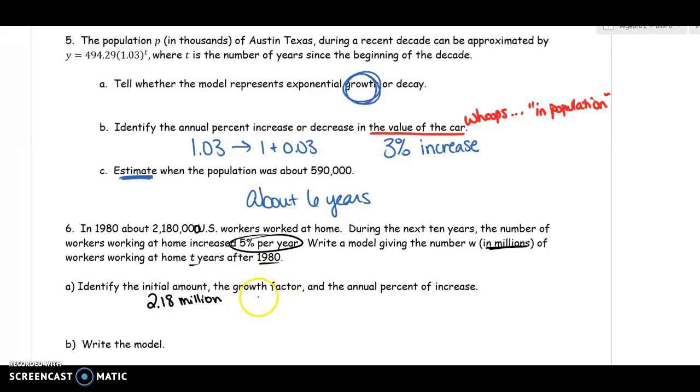The growth factor is 5%. As a decimal, that's 0.05. Actually, no, the growth factor is the 1.05. The percent increase is the 0.05. So the growth factor would be 1 plus the 0.05. So basically, you're just using this formula, y equals a times (1 plus r) raised to the t.